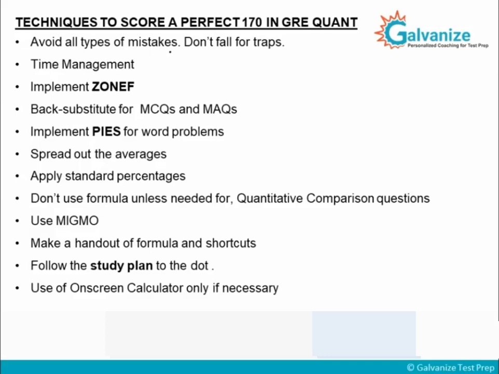But those sincere people, I mean those who had been following the study plan rigorously and who had been attempting all tests, taking all the mock tests, they make calculation mistakes, very common. So there are 2 types of mistakes that students normally make: calculation mistakes and conceptual mistakes. Avoid all types of mistakes.